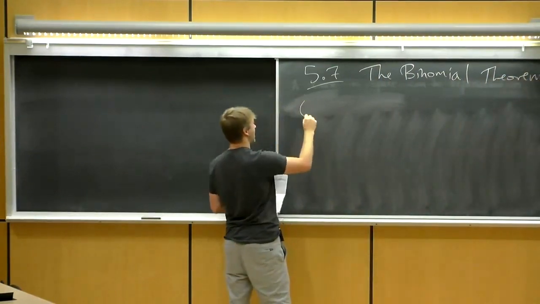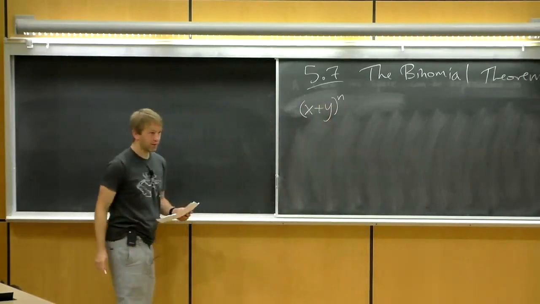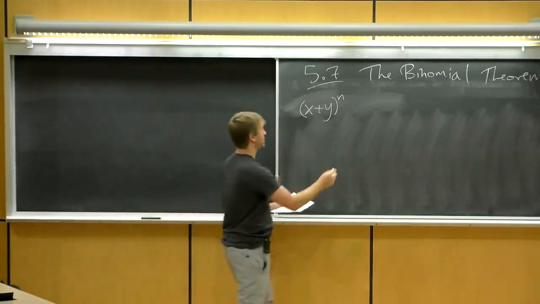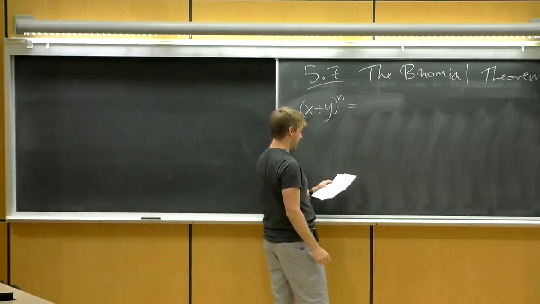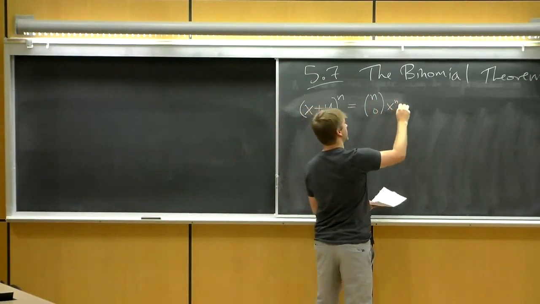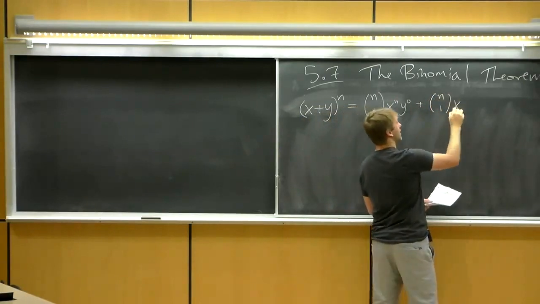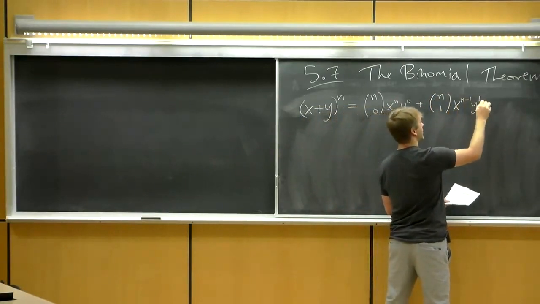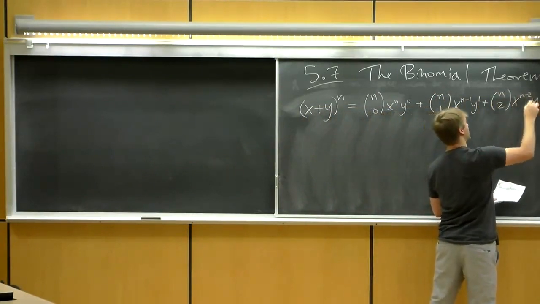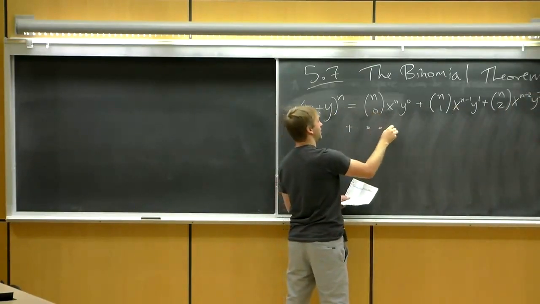What it says is that if I take (x + y)^n, and if you expand this and you collect the terms, it's equal to n choose 0, x^n y^0, plus n choose 1, x^(n-1) y^1, plus n choose 2, x^(n-2) y^2, plus dot, dot, dot.